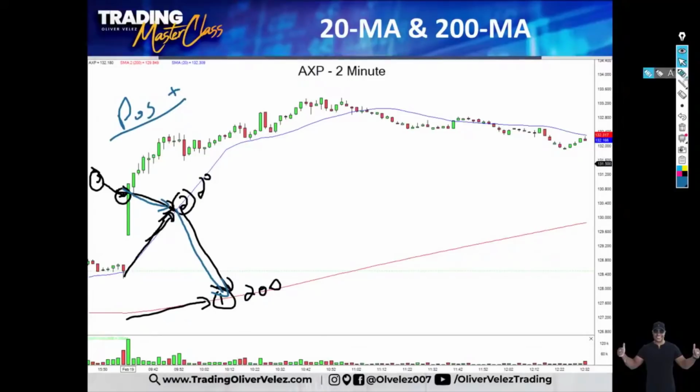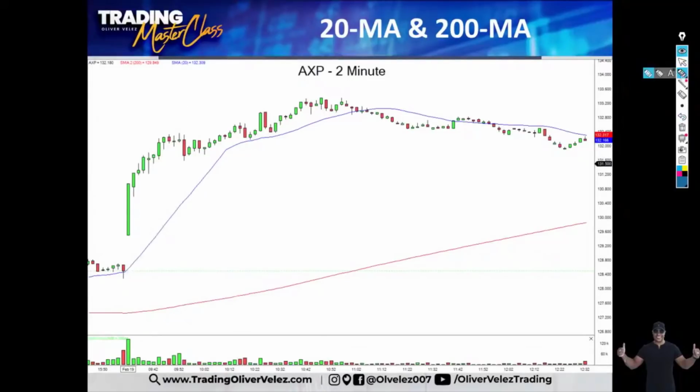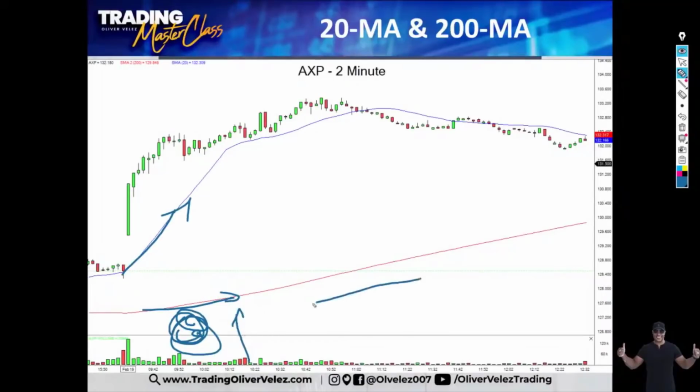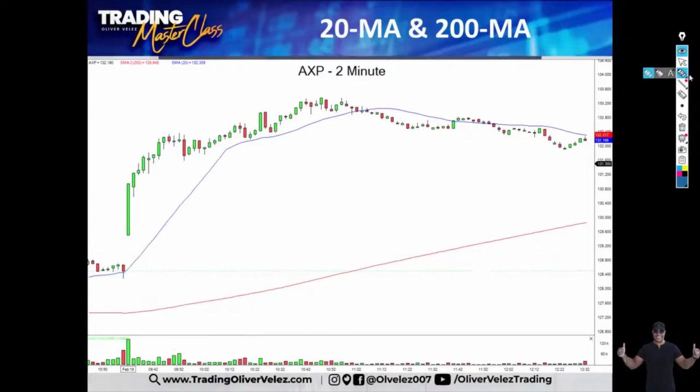If the stock is under the moving averages, here's your 20, here's your 200, and here's the stock under you, this is negative position. Okay, so this stock is in positive position, which suggests that it should run to the upside.